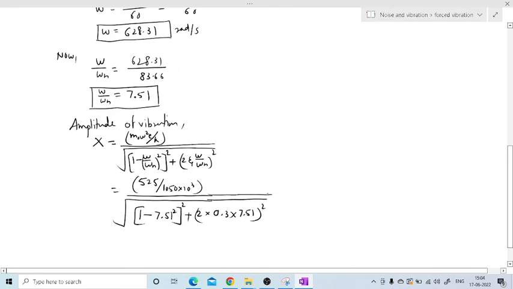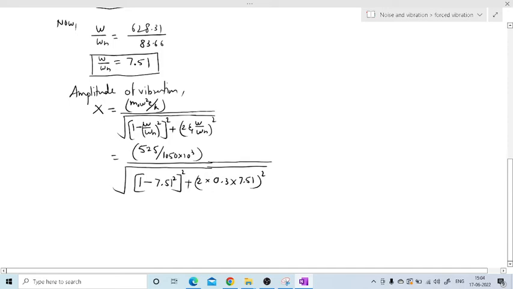So all this complete. After putting all the values, we will get the amplitude, which they have asked for. It comes out to be 8.99 into 10 raised to minus 6 meter. So this is the answer, the amplitude of vibration.